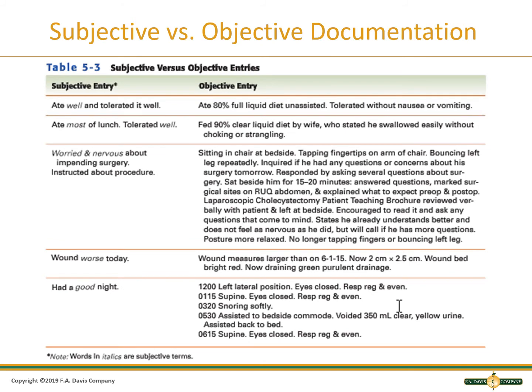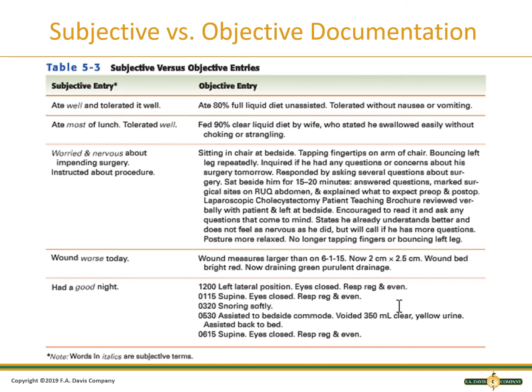I like this chart a lot because it compares subjective documentation versus objective documentation, and you can really see the difference here. The objective entries are much better, higher quality documentation. Objective is what we want. For example, subjective is very vague: "Ate well, tolerated it well."